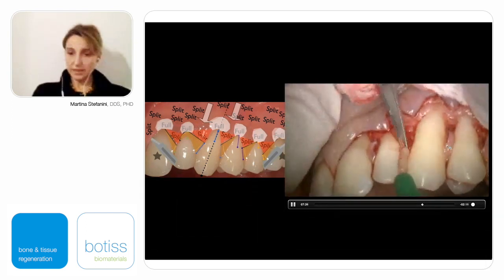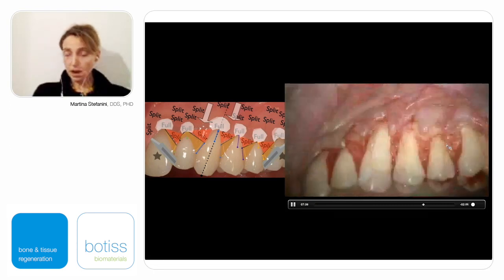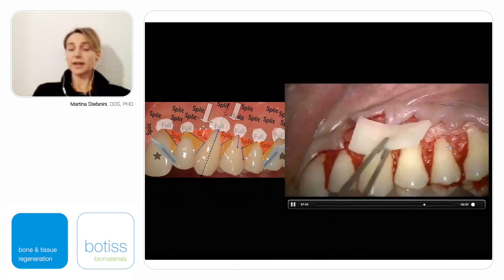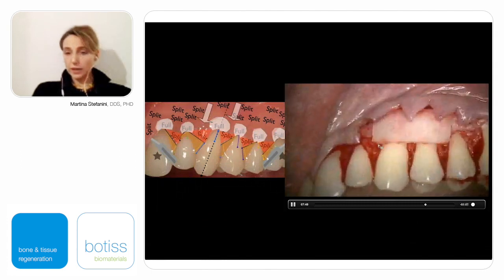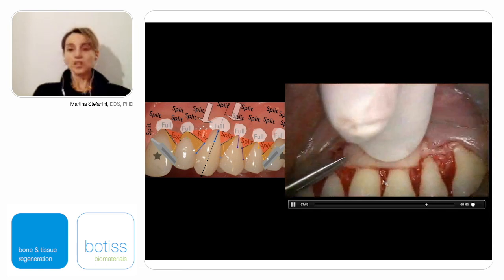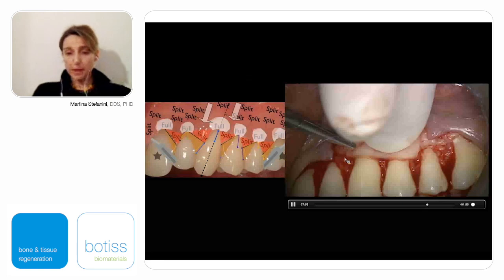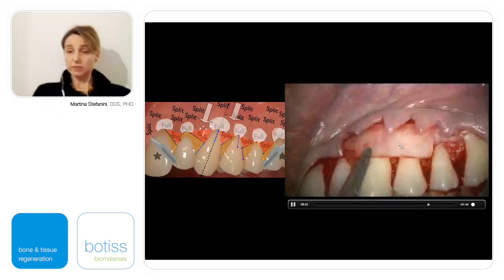after the desepithelialization of the anatomical papilla with the blade and the microsurgical scissor at the level of the interdental contact point. And this is the mucoderm that is placed at the level of the cemento-enamel junction at the base of the desepithelialized anatomic papilla, fixed with a 7-0 PGA single interrupted suture.